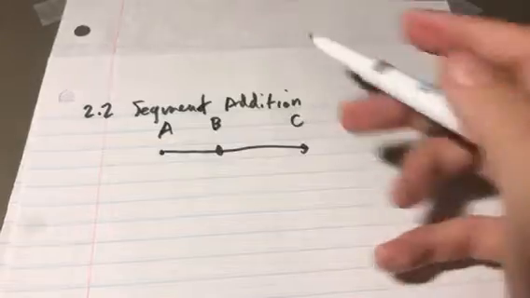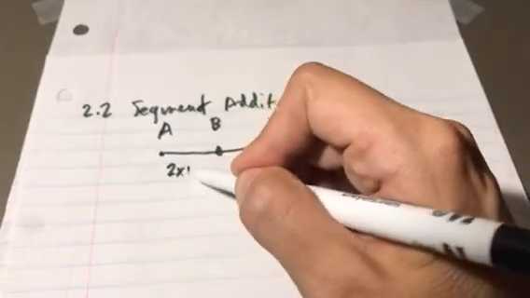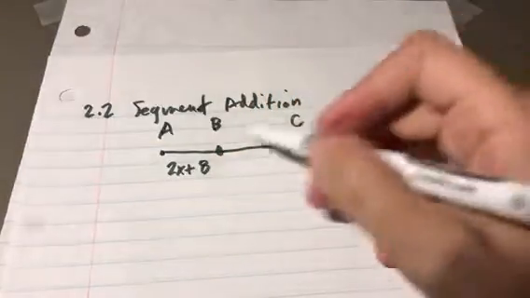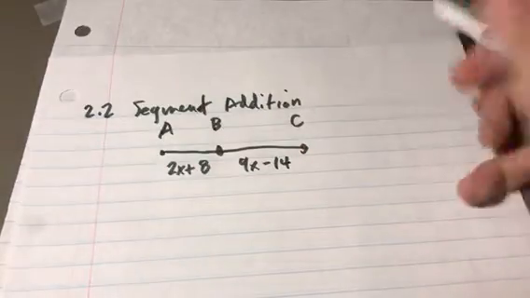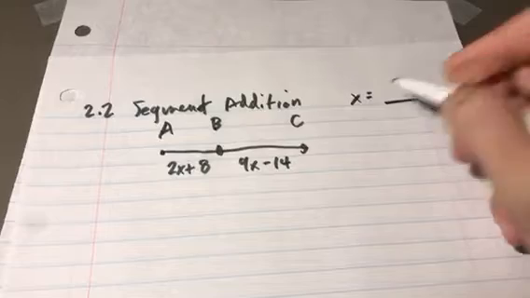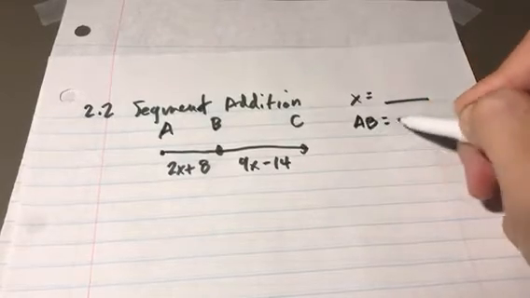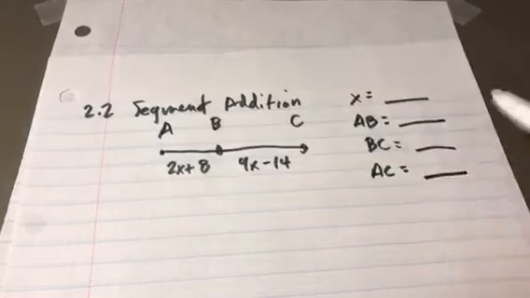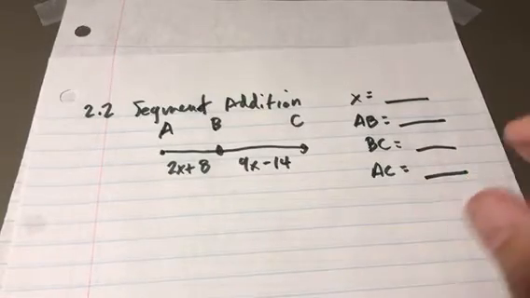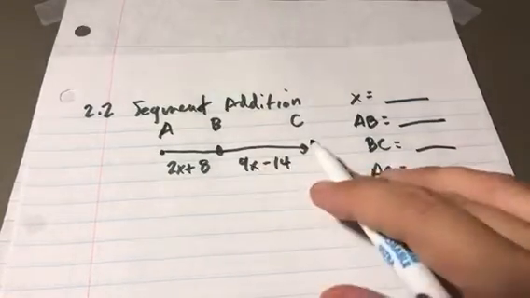Let's imagine they give us a picture and they label AB 2x plus 8 and they label BC 9x minus 14. We're loving it. Now if they ask solve for x, solve for AB, solve for BC, and solve for the whole thing.